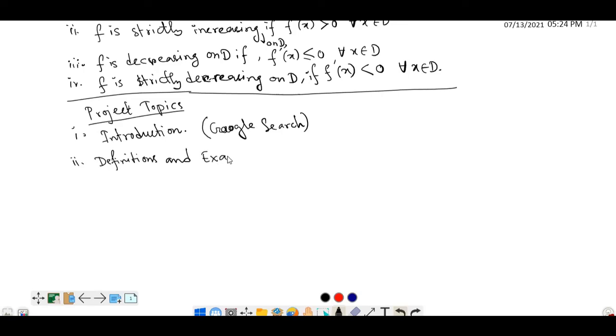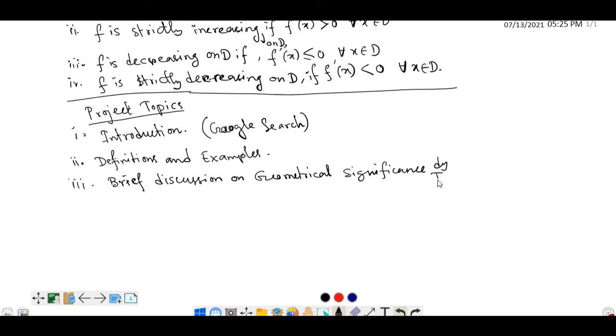So definitions and examples. Number three, what you are doing is a brief discussion on the geometrical significance of derivative, that it is the slope of the tangent.